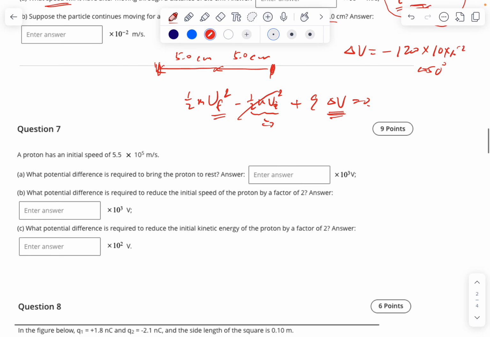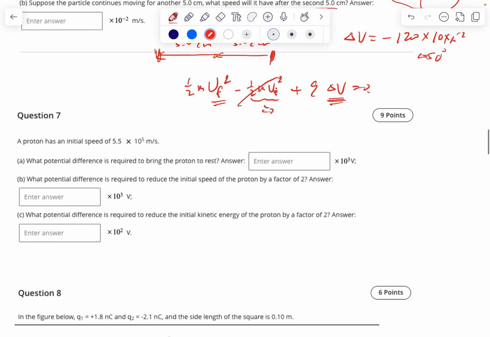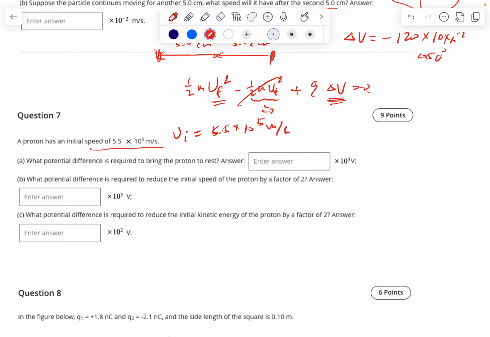All right. Number 7, a proton has an initial speed. What potential difference is required to bring the proton to rest? Energy conservation: the change of kinetic energy plus the change of potential energy is 0.